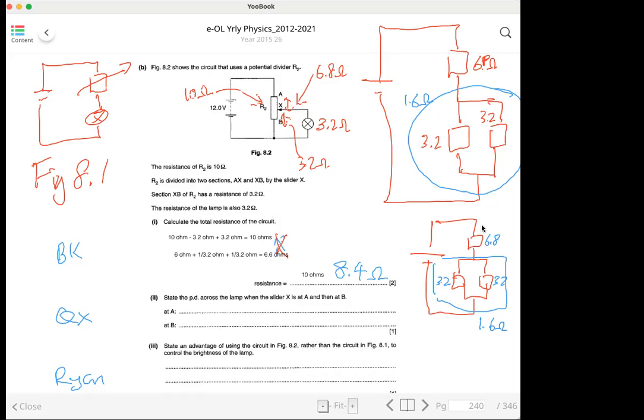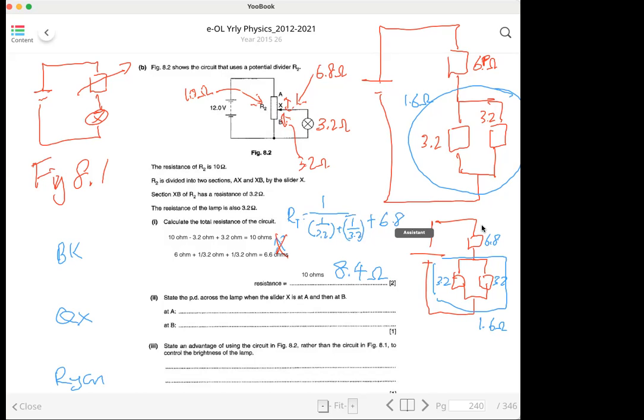Okay, so how do you do the question? The total resistance is equal to 1 over 3.2 plus 1 over 3.2, plus 6.8.